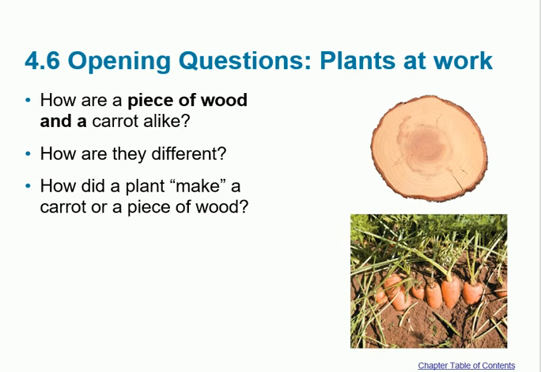So this is a piece of wood. Can you eat a piece of wood? No. Can you eat a carrot? Yes. What's the difference? Both of them contain sugar. This is not edible sugar, which is cellulose. This is edible sugar, which is starch, the starch is glucose. It's multiple units of glucose. Okay?